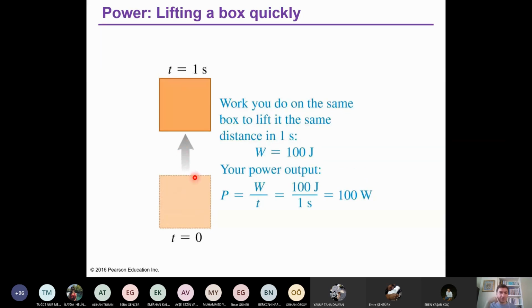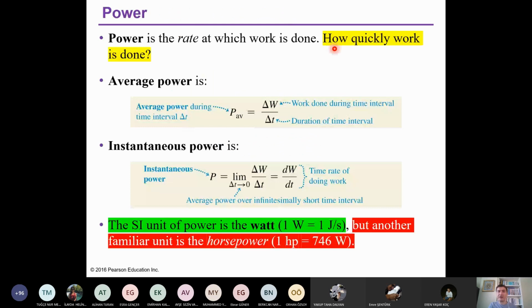You do the same work, but what about the power in the second case? In the second case, work is again 100 joule, and time is 1 second. Now your power is 100 watt. Here 20 watt, here 100 watt. The power is higher here because you can lift this box within a shorter time. So power shows us how quickly work is done.